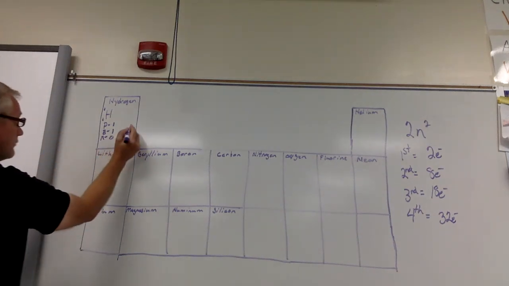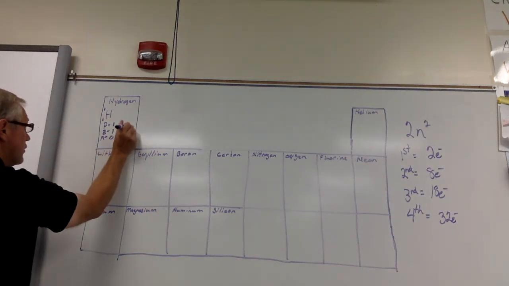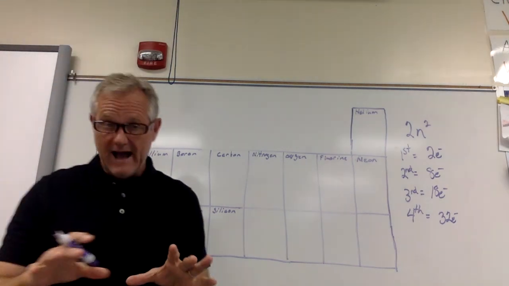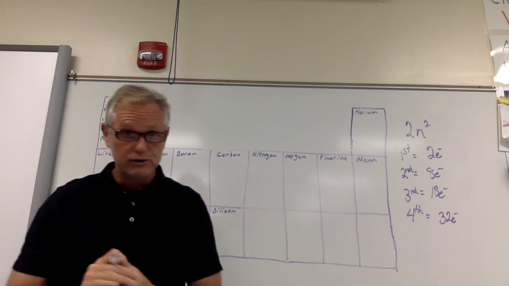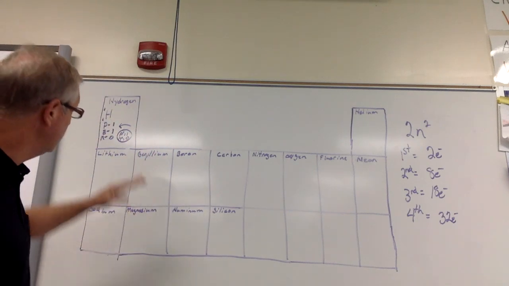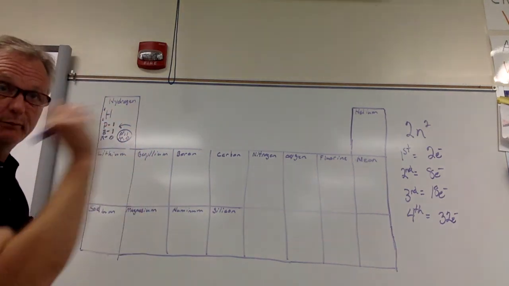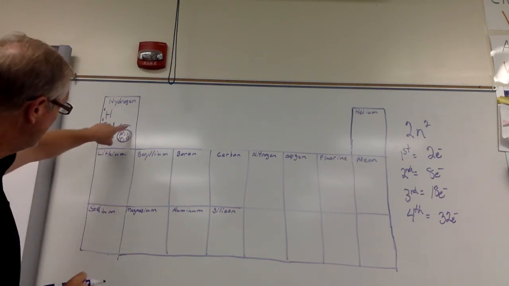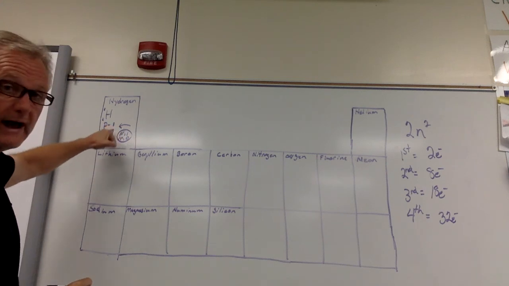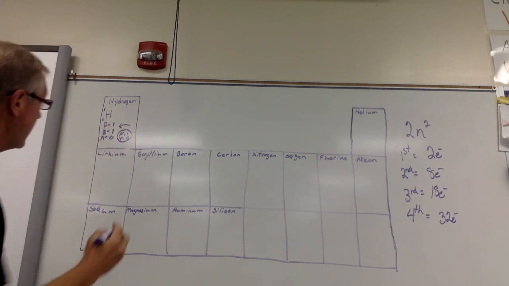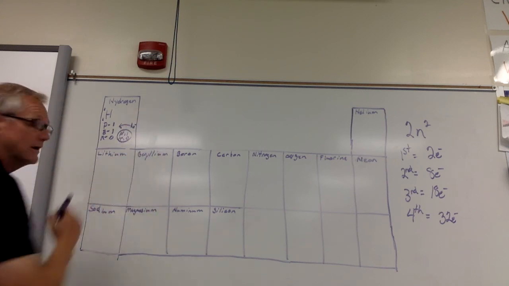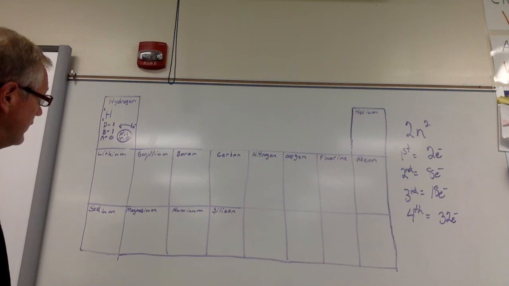Only 1. So I'm going to draw my first energy orbital. I know you may have done this in middle school or even in physical science, but we don't draw a whole big circle around and put dots. That's way too much disorganization. All we have to do is draw a little half arrow circle, and right at the end of it, put the number of electrons. So I put 1 electron right there.